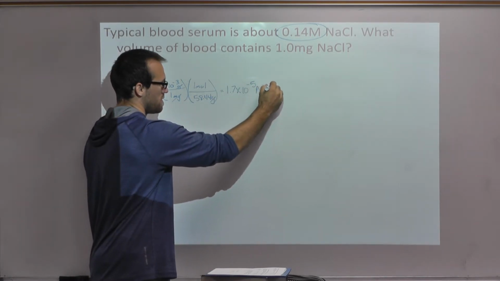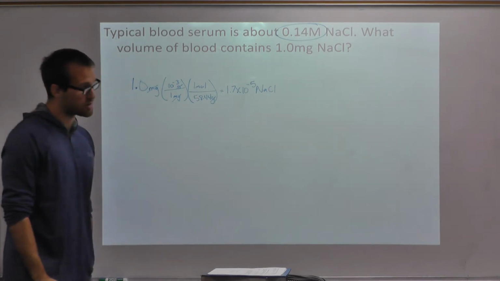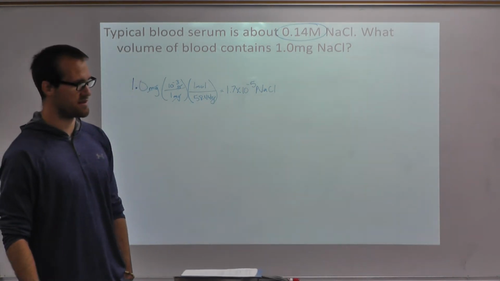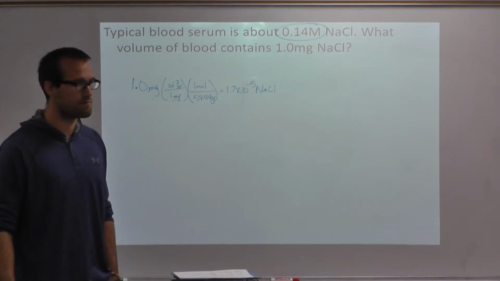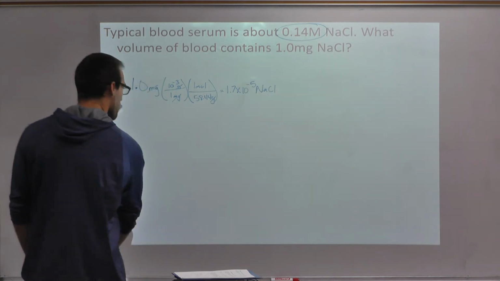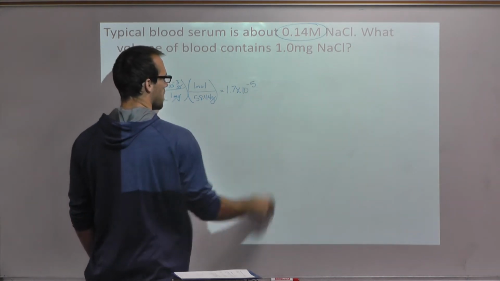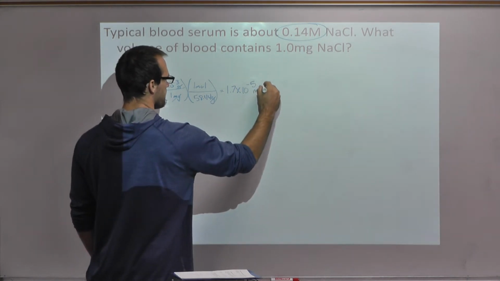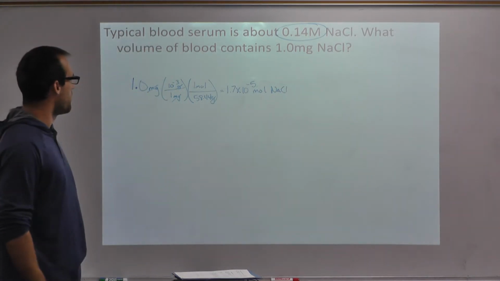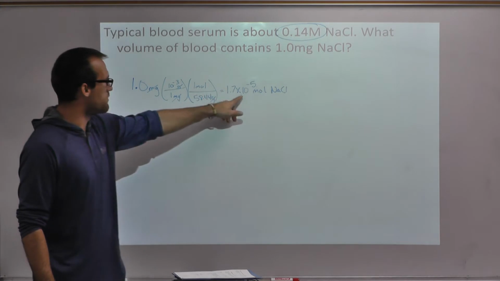Yep, that's important. And I should put the units all the way through because knowing the substance is just as vital as knowing the unit. Oh, I didn't put the unit in there. Okay? So we know that this mass has this many moles.